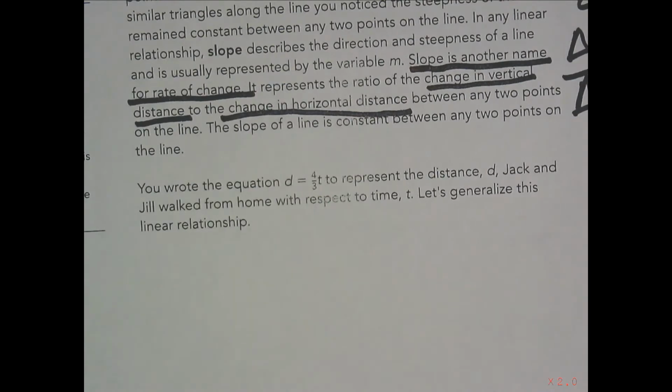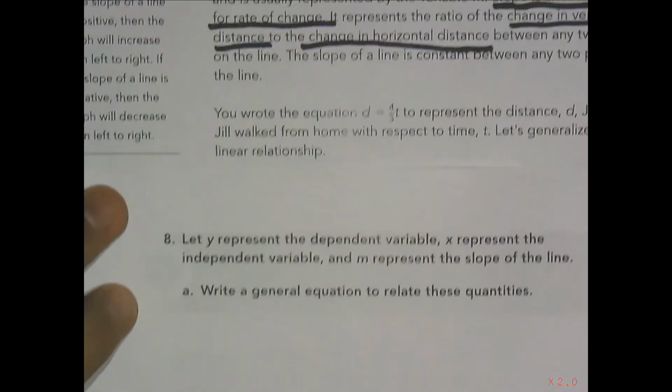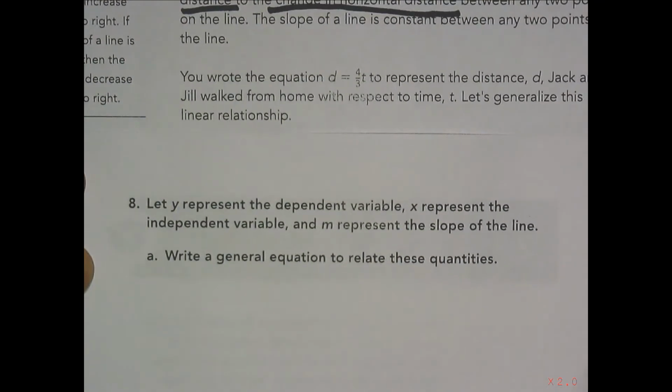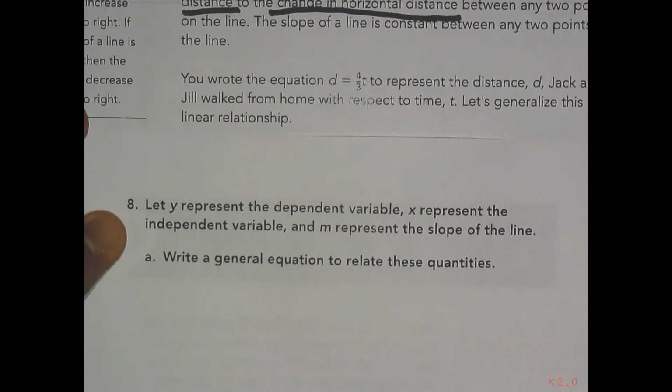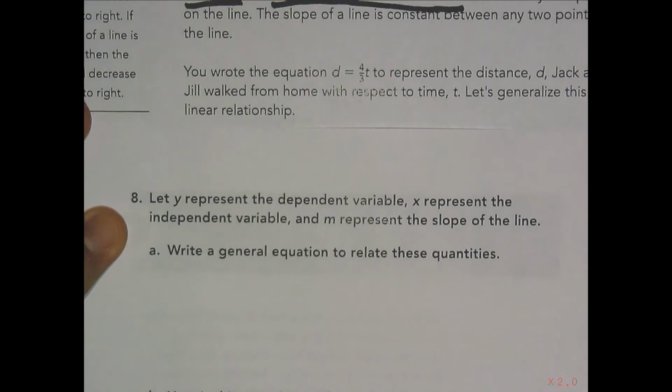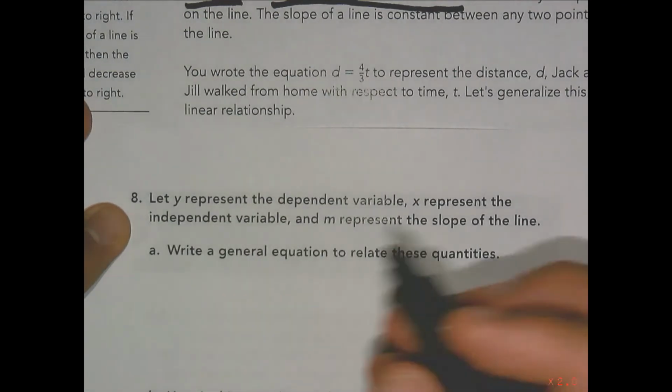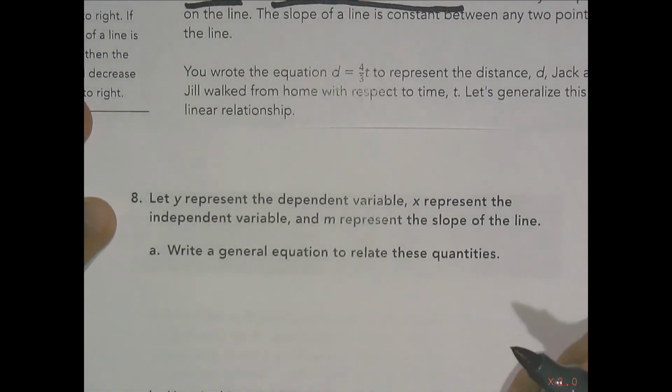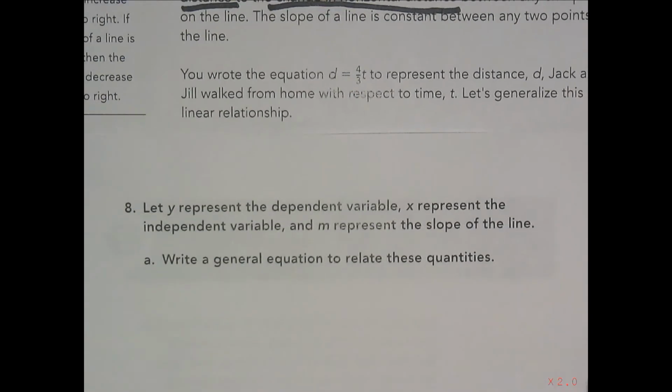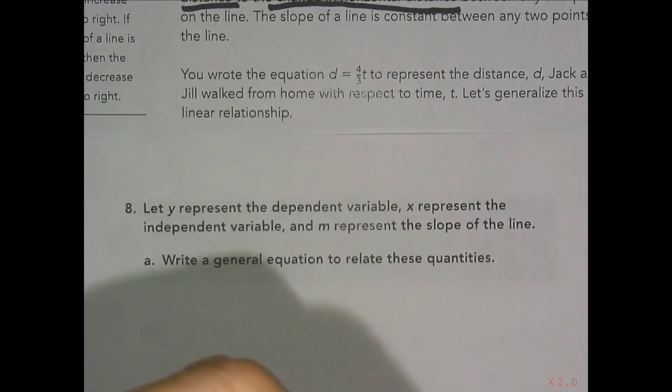We're going to go to the next page, which is page 31. And page 31 says, let y represent the dependent variable and x represent the independent variable and m represent the slope. Write the general equations related to these quantities.